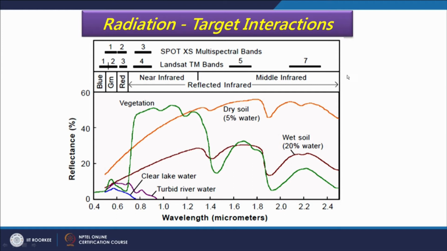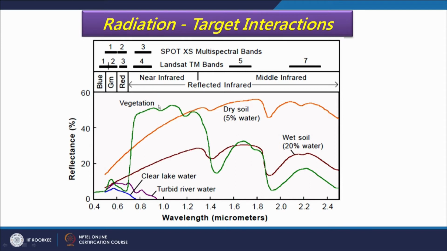Band 6 is not mentioned because it is thermal, so it has not been considered in this particular slide. Different objects present on the earth have different spectral curves in different bands. This is what you are seeing.